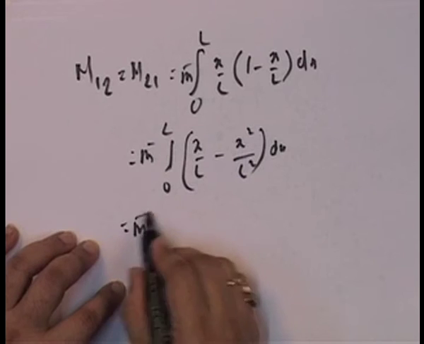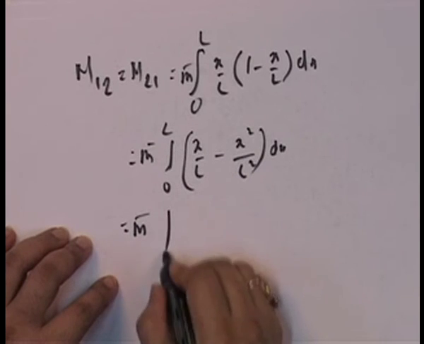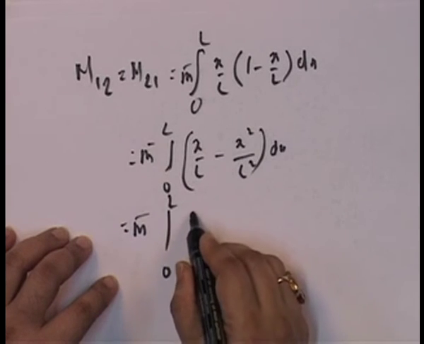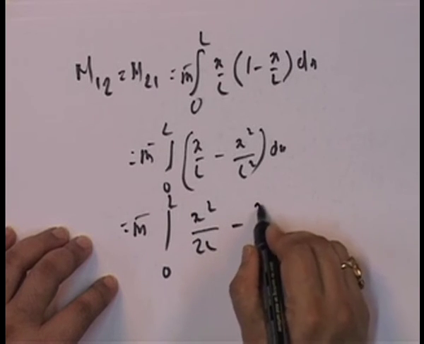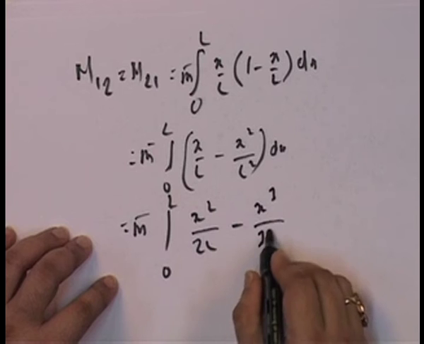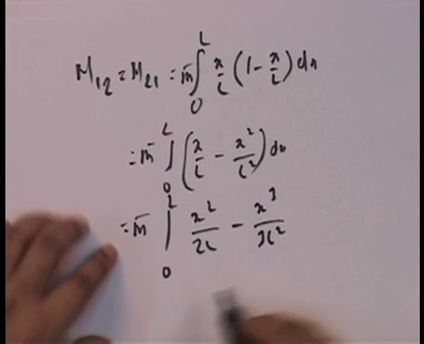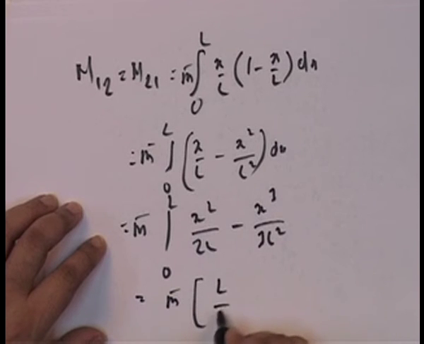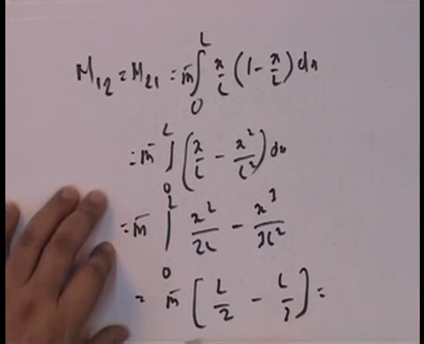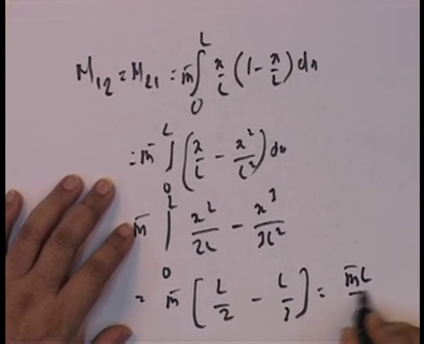So, this is equal to m bar times [x squared upon 2L minus x cubed upon 3L squared] from 0 to L. So, this basically becomes m bar (L upon 2 minus L upon 3). So, this basically becomes m bar L upon 6.